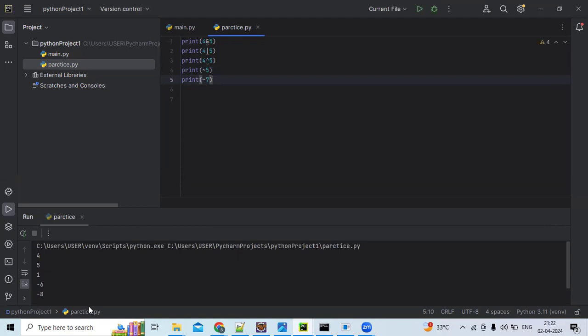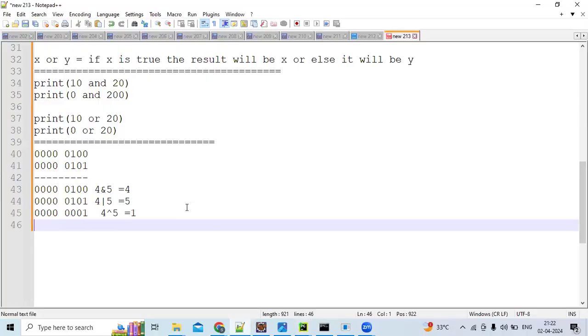Now we'll see the bitwise left shift and right shift operators. Guys, please respond. Are you understanding, guys?